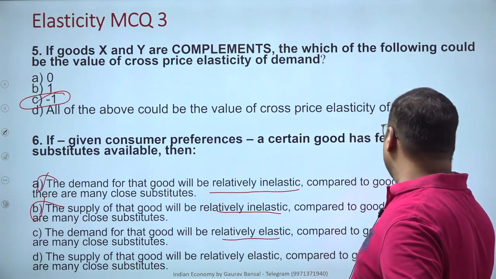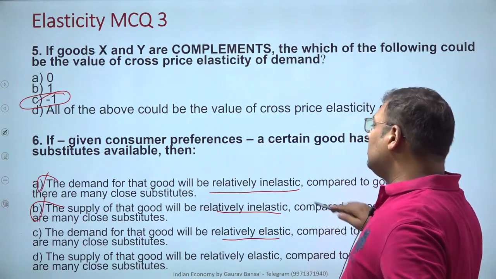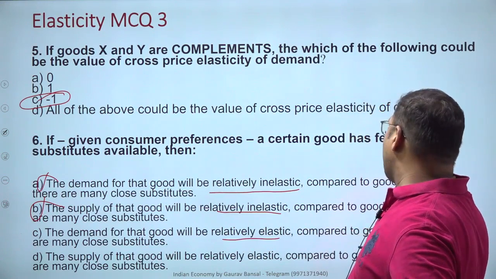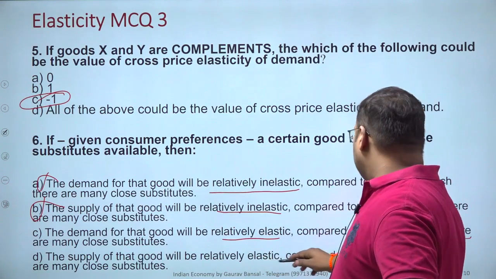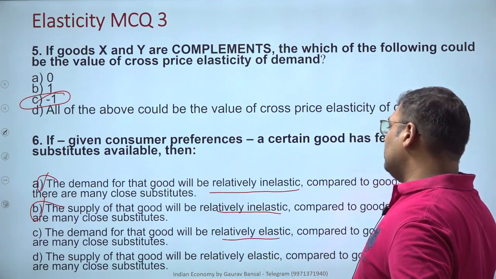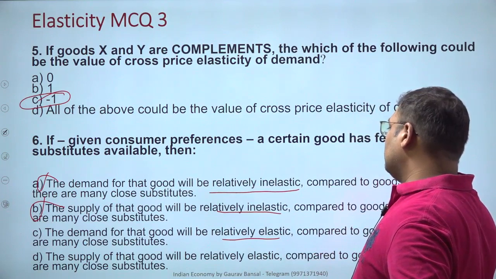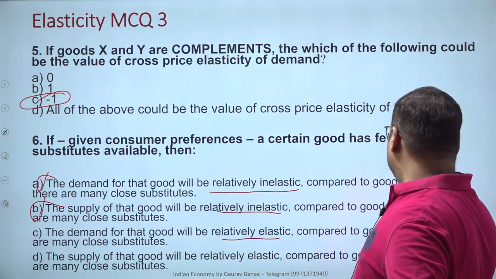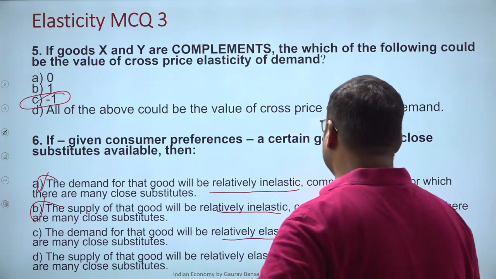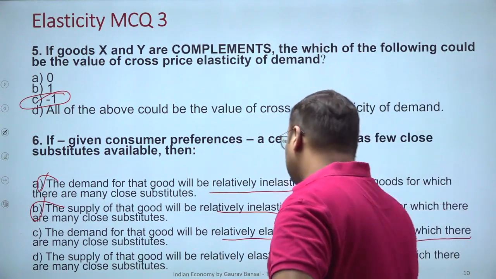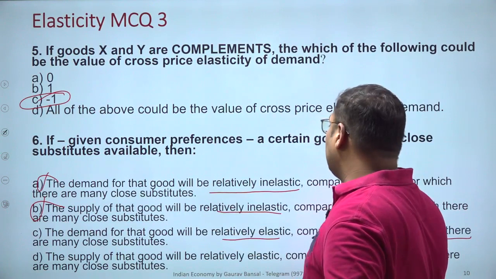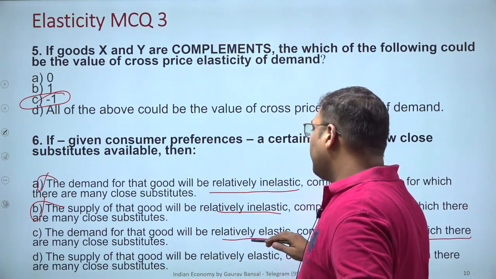Now let us look at the second part. Compared to goods for which there are many close substitutes. No. It will be relatively elastic compared to goods... just give me 1 second. Okay, the equation is between supply and demand.